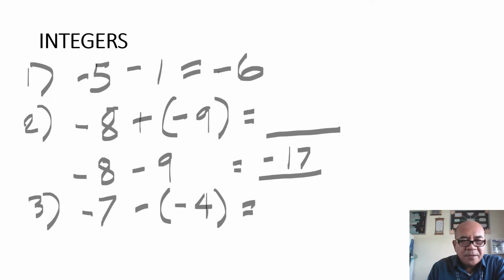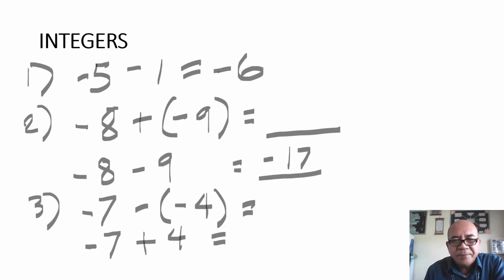So, we can rewrite this as negative 7, negative and negative, it's positive. Okay? It's positive. So, nagiging positive ito. 4. Now, when you have different signs, you simply subtract the integers and copy the sign of the bigger number.